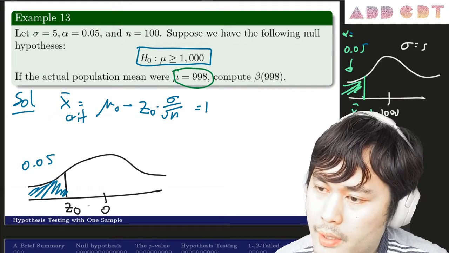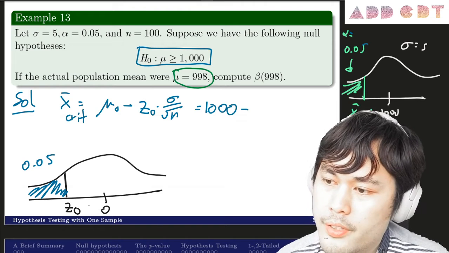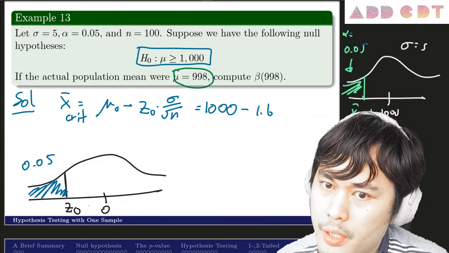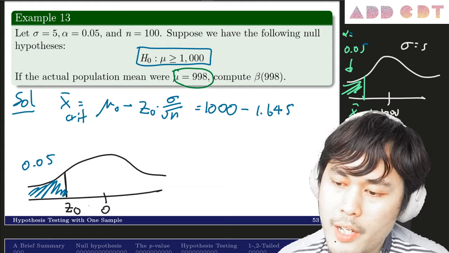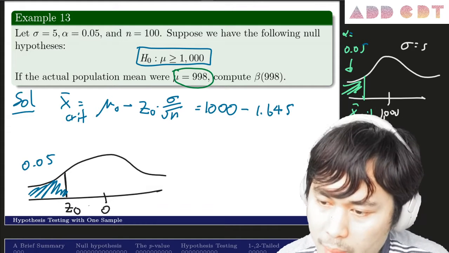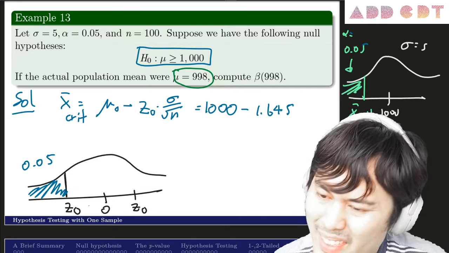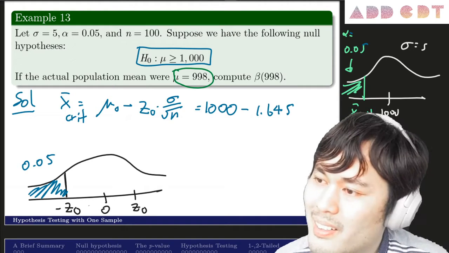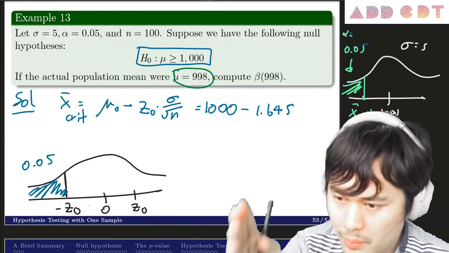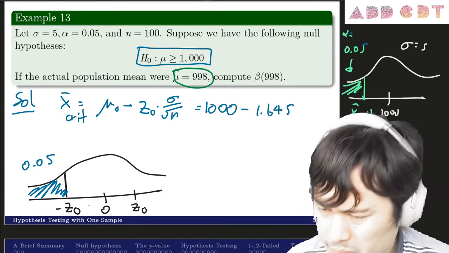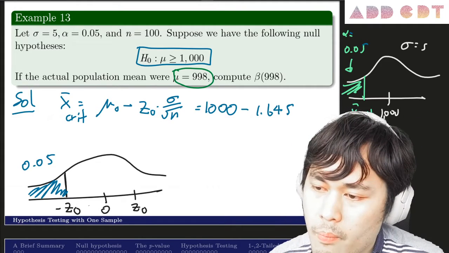From that we get mu is 1000, z0 is 1.645. So it's actually minus. z0 is here, you just flip it, but anyway, you find a point to the left.